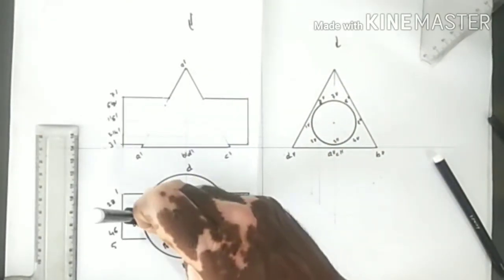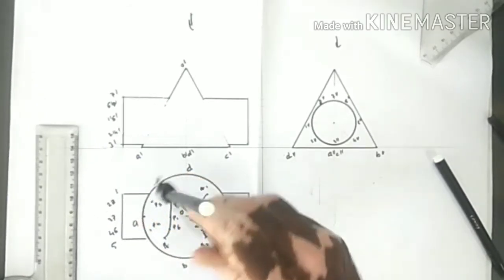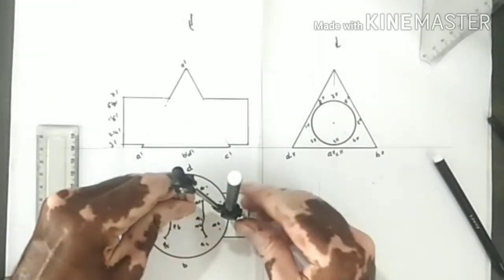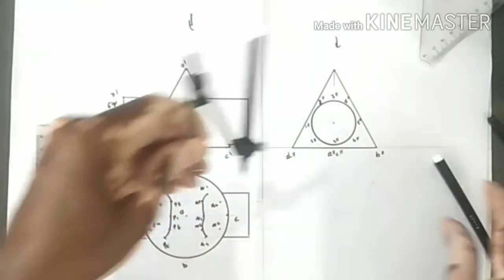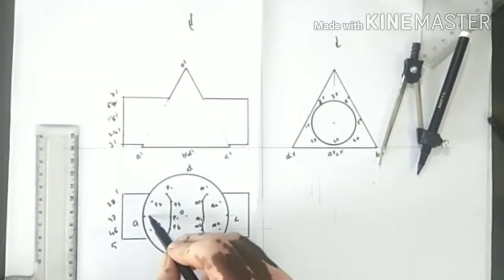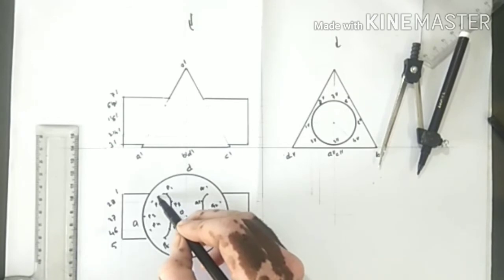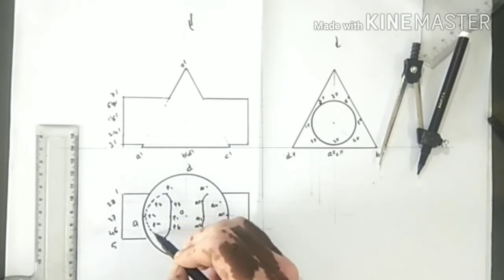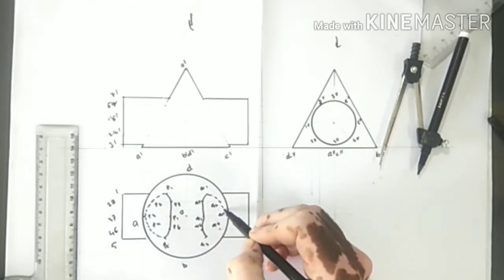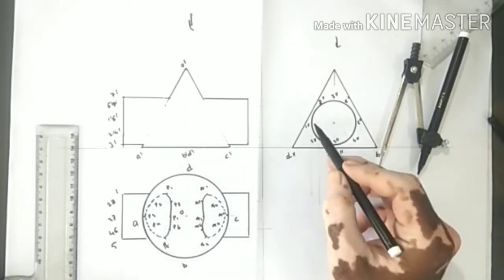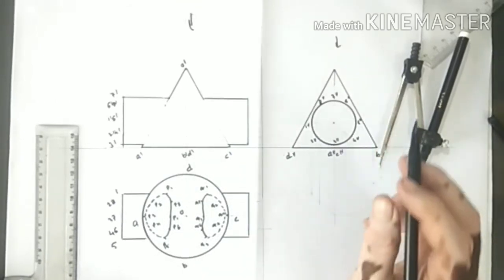So this O3 and this O3. So this is P3 and this Q3. Join these points with the help of a French curve with an invisible line because this bottom surface is invisible.